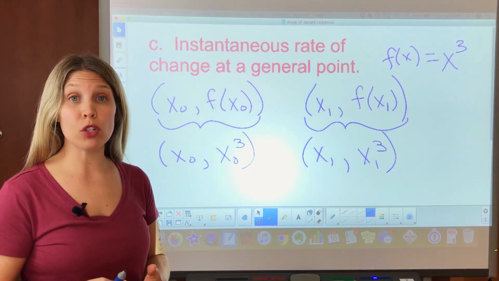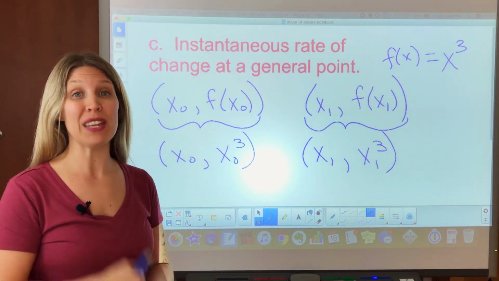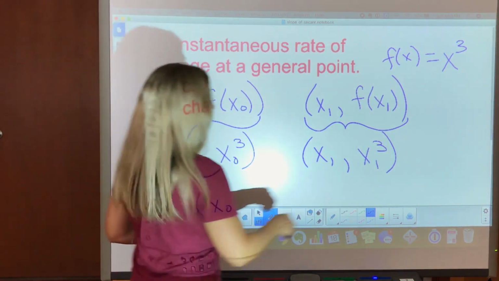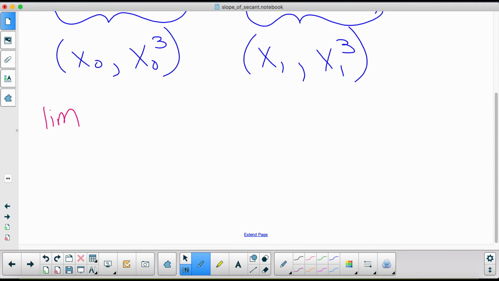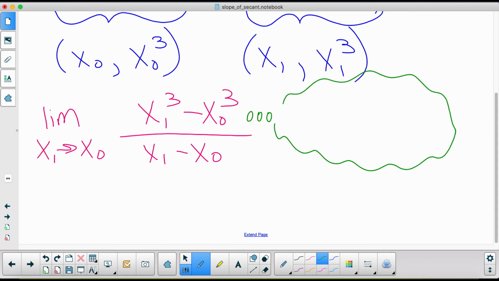So now we have two xy pairs that we can put into our limit slope problem to find the instantaneous rate of change. So we have the limit as x sub 1 heads to x sub 0. Our y values, x sub 1 cubed minus x sub 0 cubed, all over x sub 1 minus x sub 0. And lo and behold, if you don't remember your thought bubble, we have two cubes.